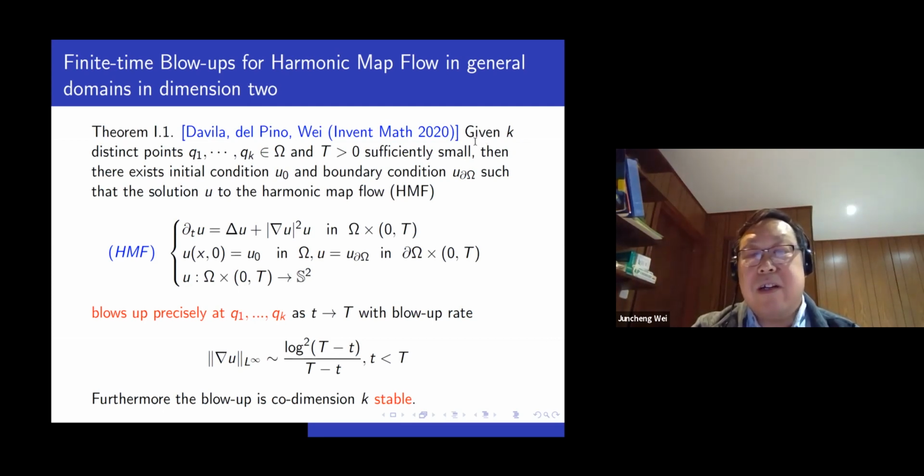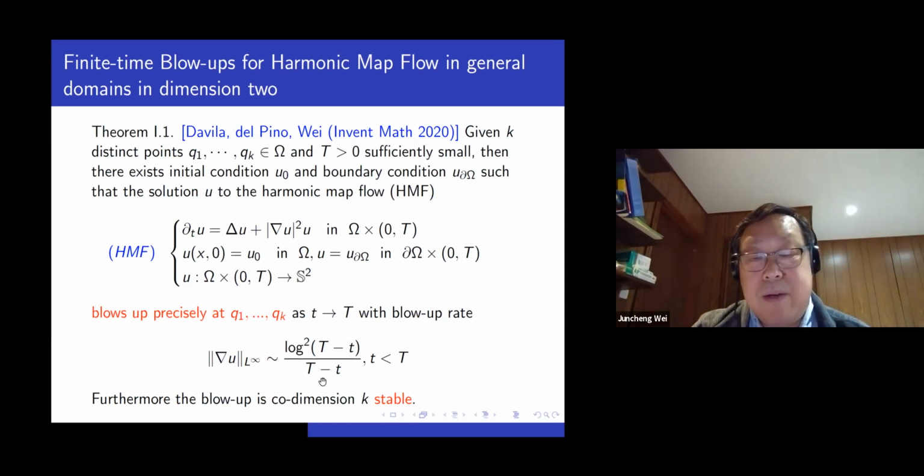The first result we have is, given any k points and given any small time, we can find a boundary data and an initial data so that the solution to the Harmonic Map flow blows up precisely at these k points, and the blow-up rate is log squared of T minus t.